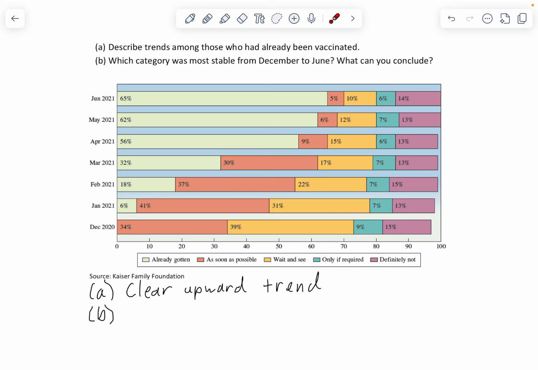So it's reasonable to conclude that people opposed to vaccination had made up their minds early on and were unmoved as more information became available. That's a reasonable conclusion to draw based off of the observation that these categories remained quite stable.